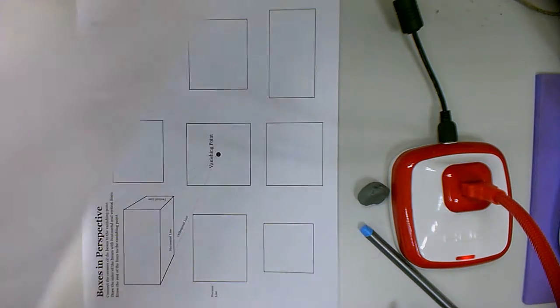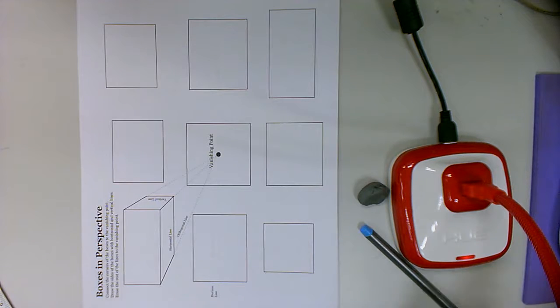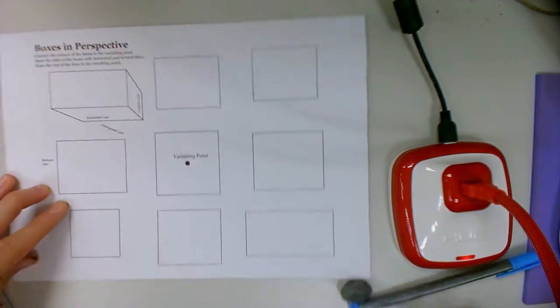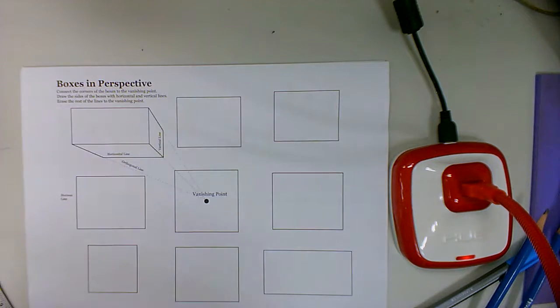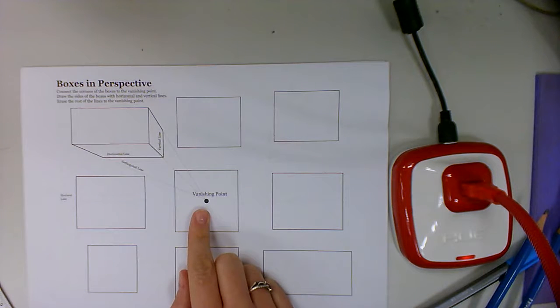I'm going to grab a new pencil quick because I want a sharper pencil, so bear with me. Alright, in order to do this exercise, all of your boxes need to go to the vanishing point. So every corner that can go to this vanishing point is going to go there.